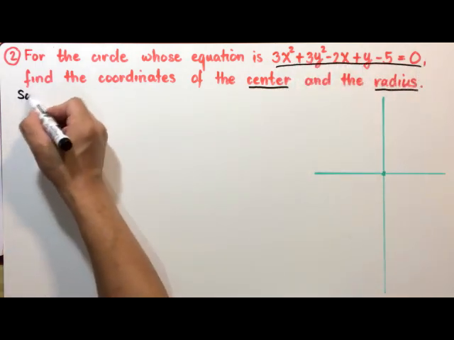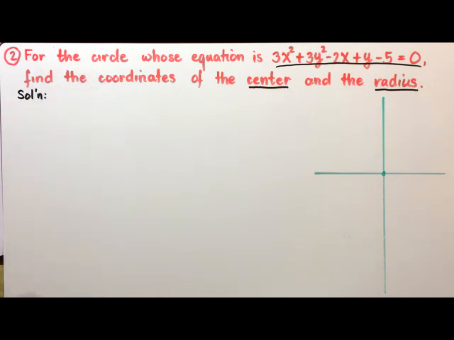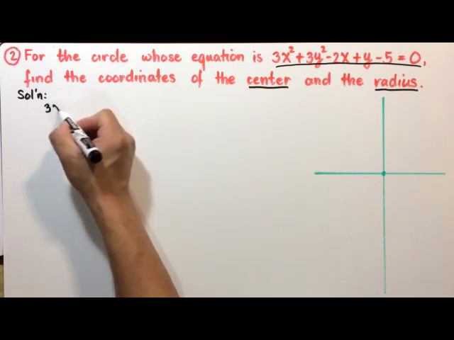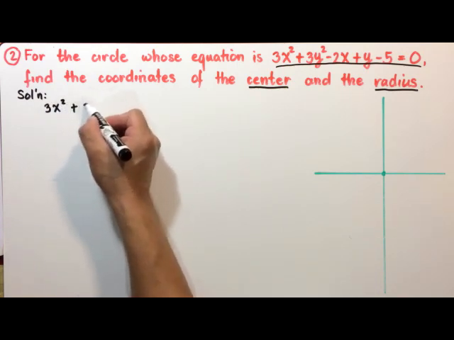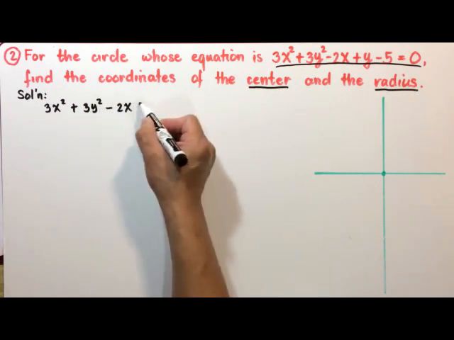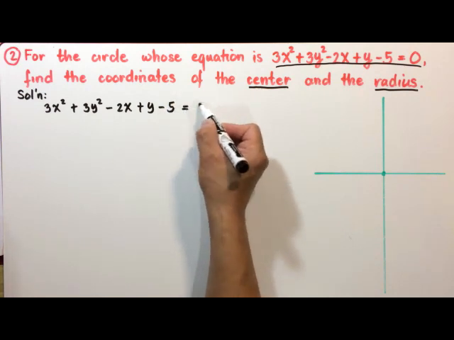To solve this problem, write this general equation: 3x squared plus 3y squared minus 2x plus y minus 5 is equal to 0.